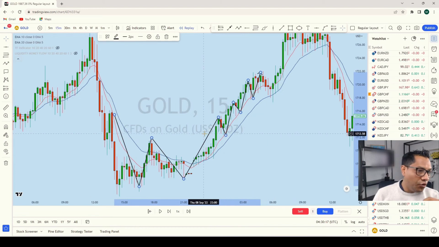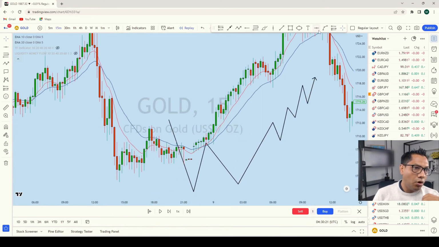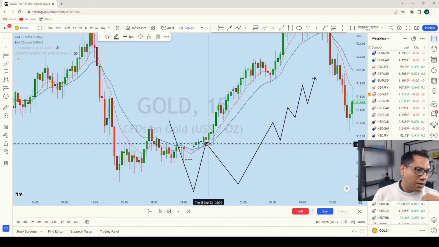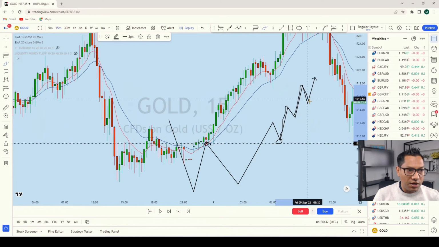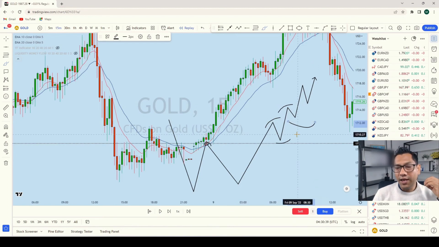Now if we look at that diagram, what we see is that this is the order block, the previous resistance here turned support here, and we saw that from that level the market started to move, impulse correction, impulse correction.